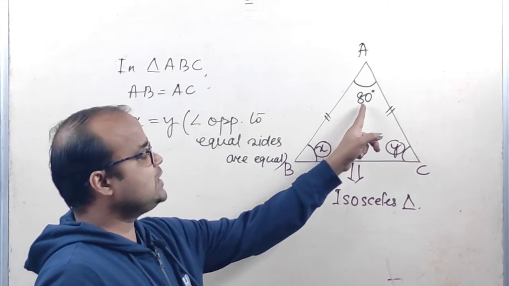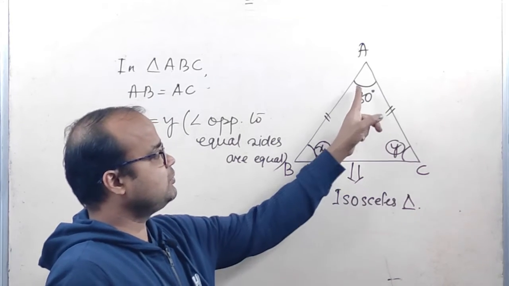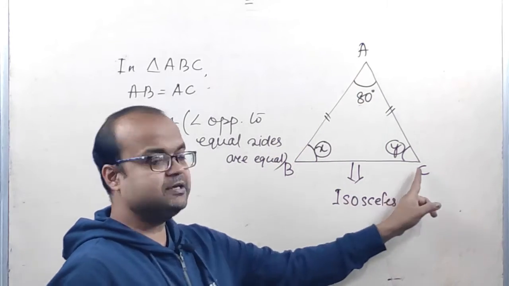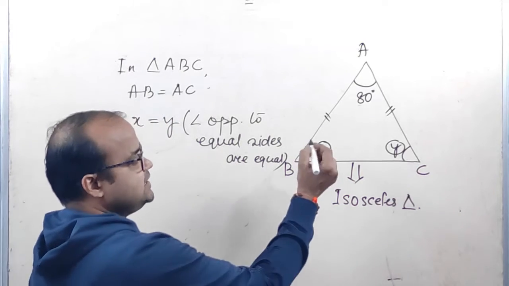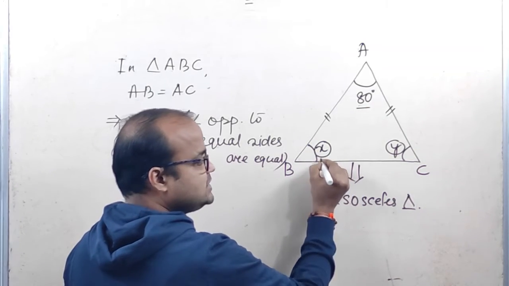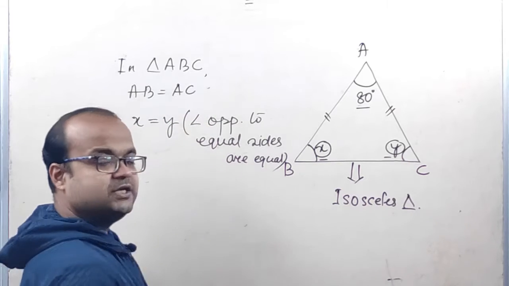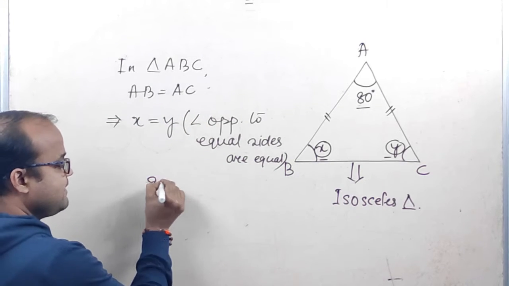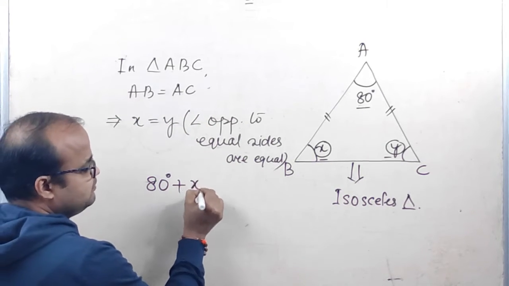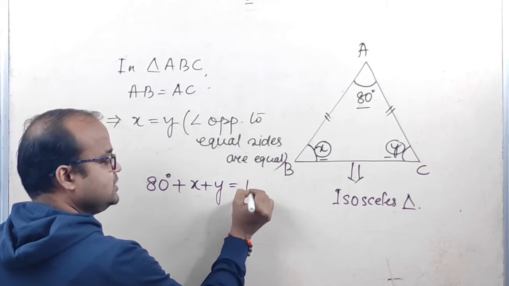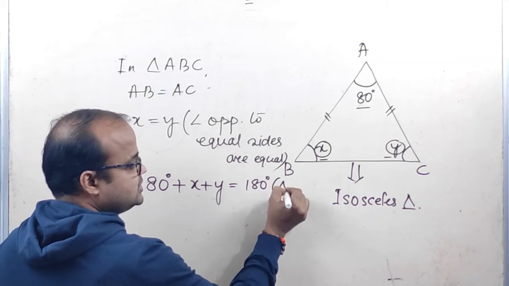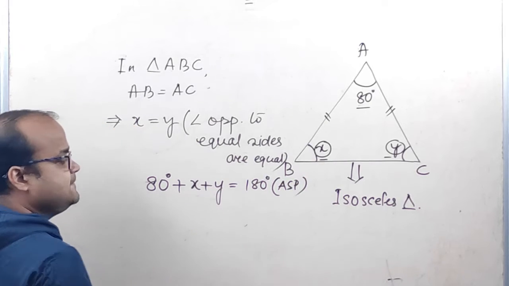Next we are going to apply the angle sum property in triangle ABC. So we can say that 80 degree plus X plus Y equals 180 degree. Reason is angle sum property.